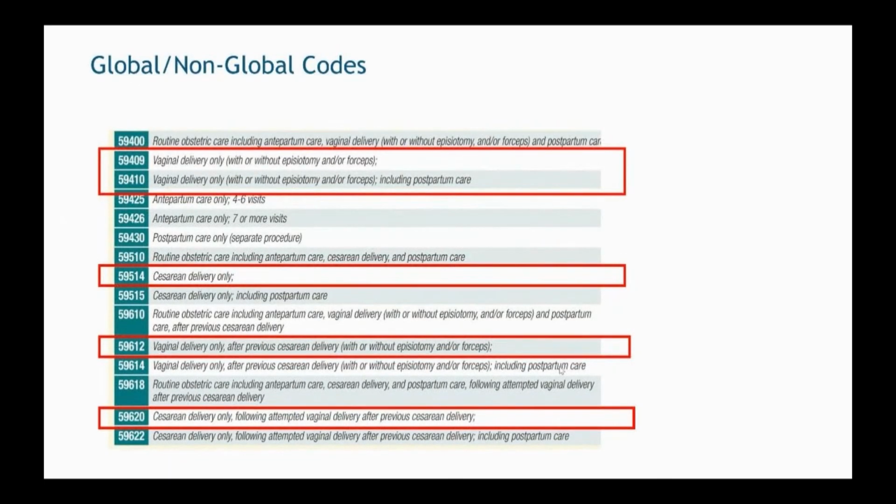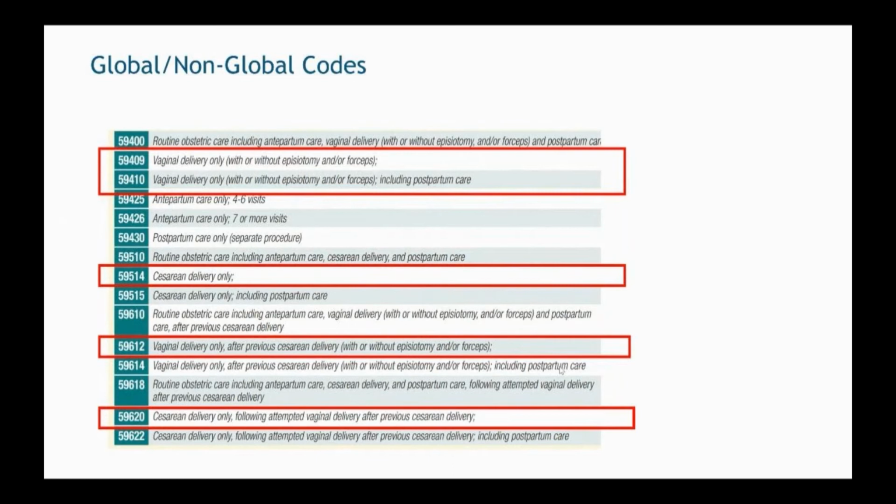Okay, so here are the global and non-global codes. Again, you're saying, Marianne, why are you giving these if most insurances want the global codes? Because let's look at the first red box. If your insurance company says, no, we want you to bill outside of the global codes, like if your patient has a vaginal delivery, we want you to bill the vaginal delivery CPT code.